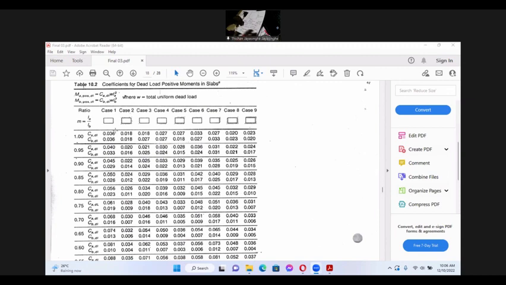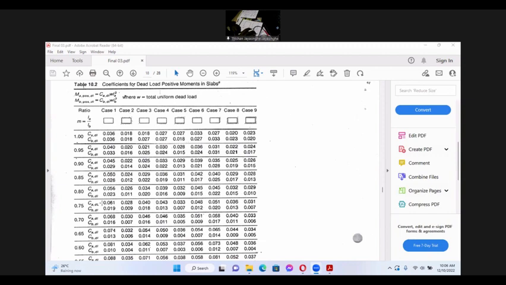So the ratio is 0.77, somewhere in between. So let's find the coefficients. This is a dead case, this is a live case. In the dead case, 0.77 means somewhere here, it's a simply supported slab.